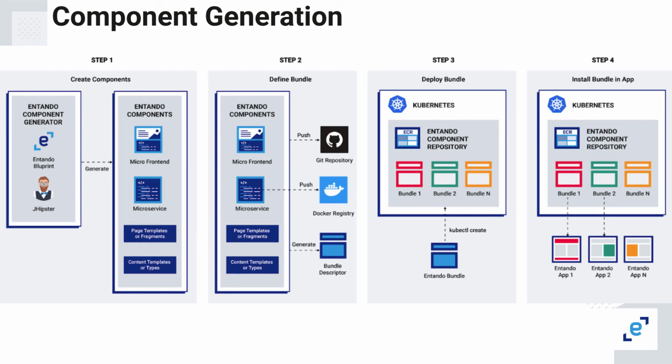So in the second step, once we've generated our components, we're pushing those components to standard repositories. So we're using things like Git and Docker. And again, this is another best practice. Make sure that what your template generates fits into your tool chain. So you push those things to Docker registries, and then we have the ability to bundle those up, including front-end and back-end capability, and then deploy them across many applications. And again, this pattern could be applied whether you're using Intondo or some other micro frontend practice.